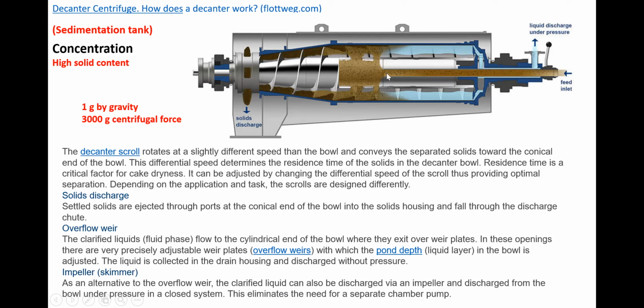In this way, not needing very high centrifugation force, we are able to separate this solid discharge. When I say high solid content, this can refer to above 10%, 20% of solid content in the liquid.